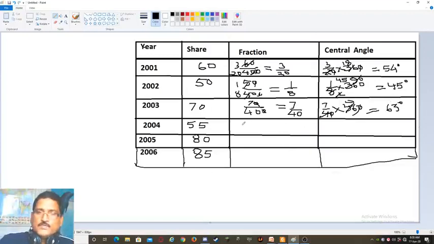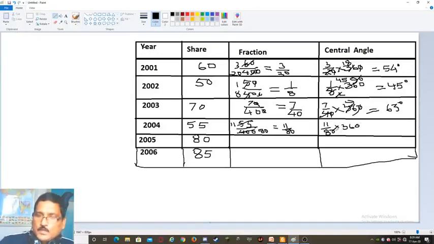So now next is 55 out of 400. If I cut by 5, 11, and 80. So it is coming 11 by 80. Clear? So now in terms of degree, 11 by 80 multiplied by 360 degree.